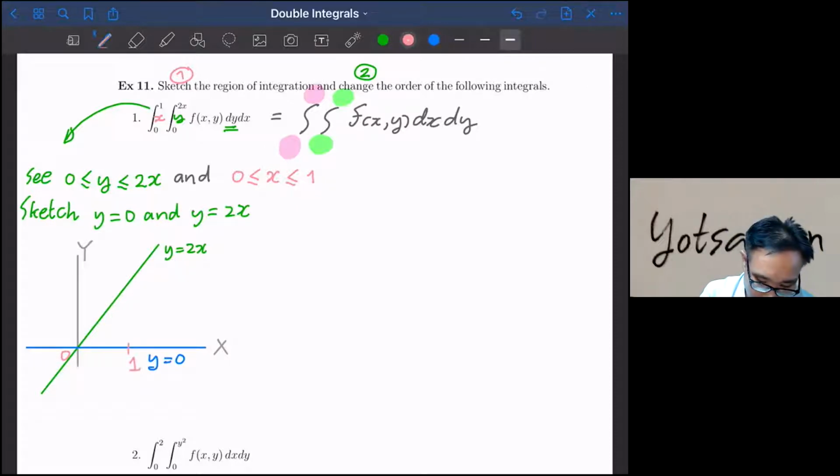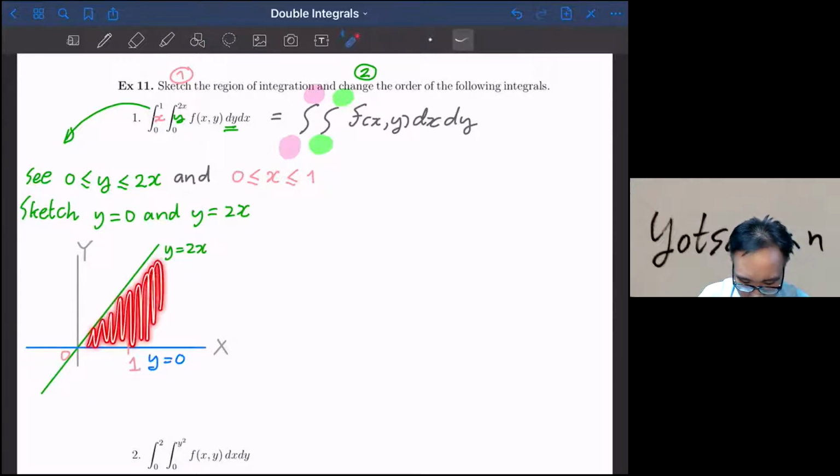You see that the region is the area bounded between these two curves, and only for x between 0 and 1. So it's not the whole region like this.